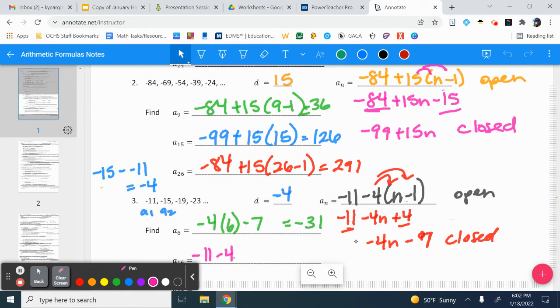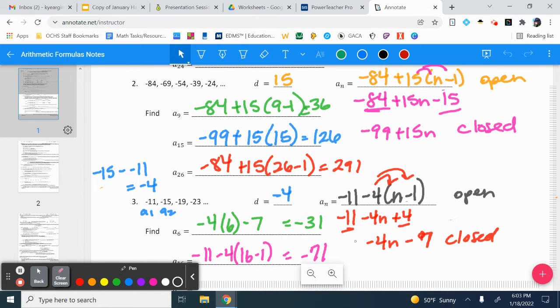Negative 11 minus 4 times 16 minus 1. Let me type this in. And I'll get that the 16th term is negative 71.